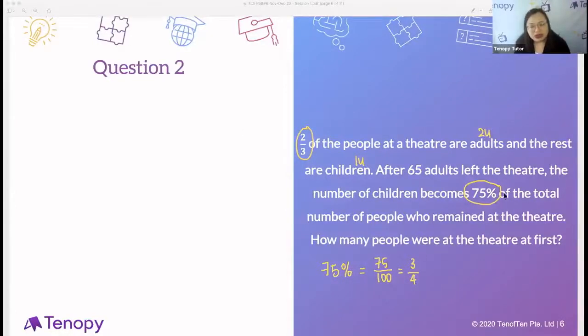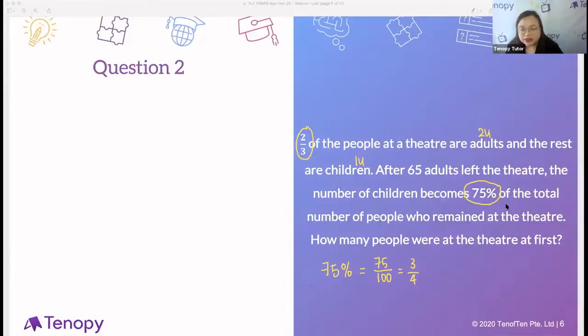So I know that 75% is 3/4, but what represents 3 and what represents 4? Can anyone help me with that? When I change 75% into fraction, I get 3/4. But what does the 3 refer to? And what does the 4 refer to? Very good, very good.